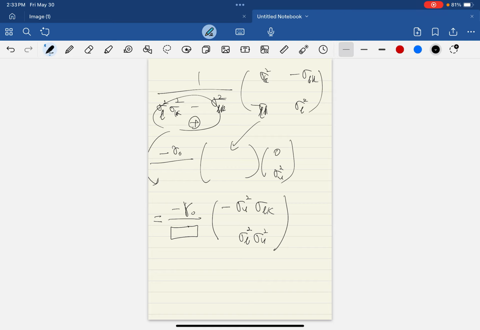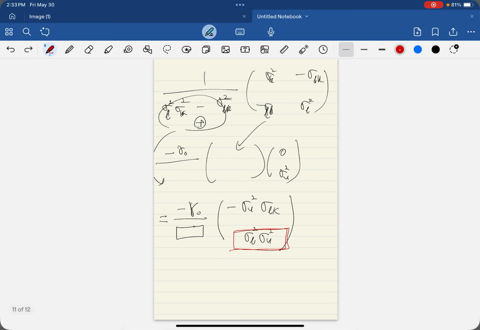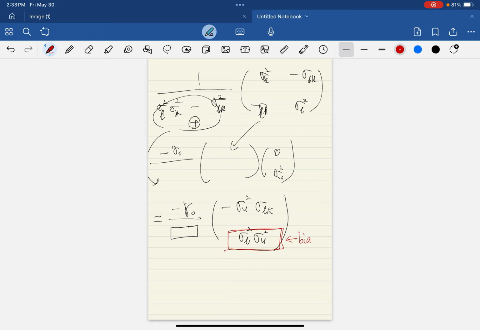So the bias, second term is the bias for... no, how do I redo it? Undo it. Okay. So this is the bias for gamma, and this is the bias in beta. Okay, so the bias in gamma is, in the end, minus gamma 0 over something times sigma L squared, sigma u squared.